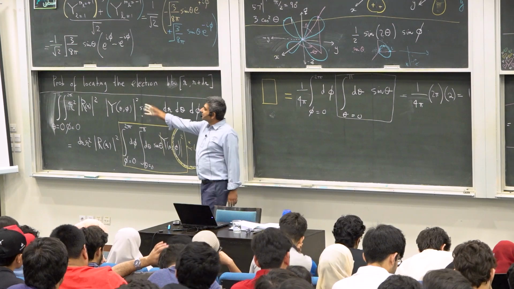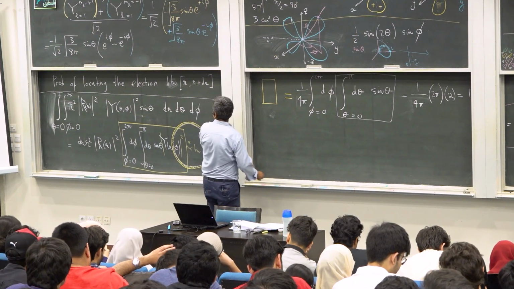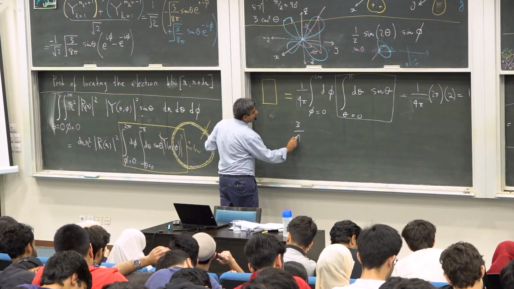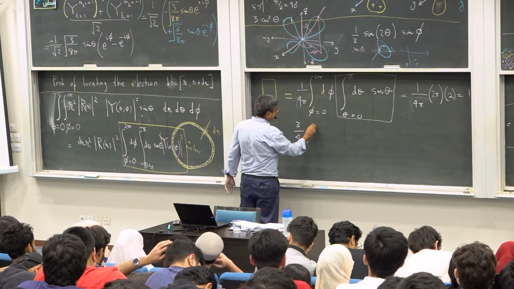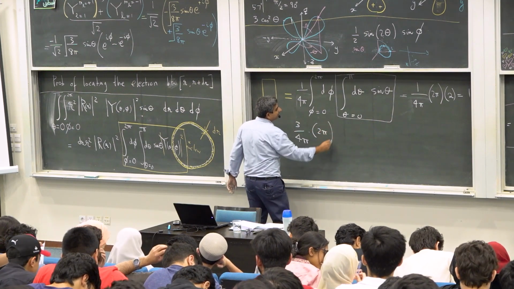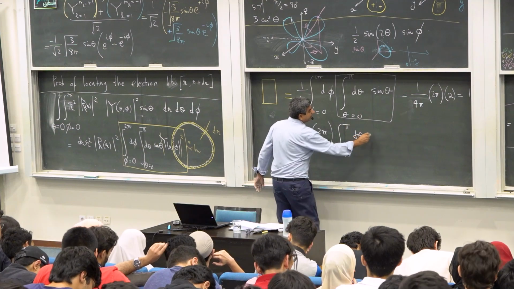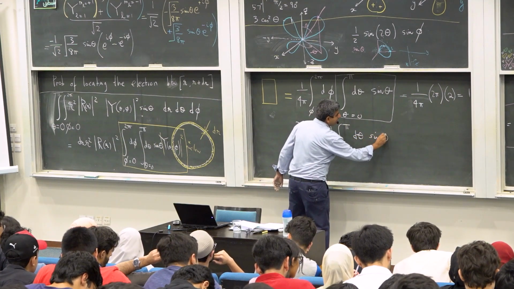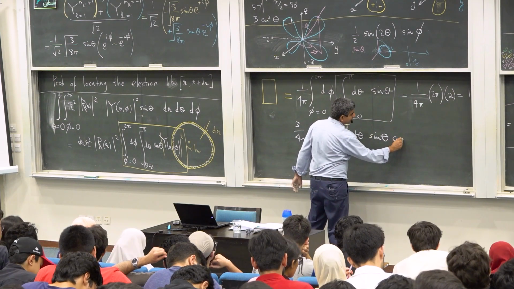If I were to take the second kind, so 3 over 4 pi, it doesn't have any phi dependence, so still I get 2 pi from here, and I have 0 to pi d theta sine theta and the square of that, which is cosine square theta.